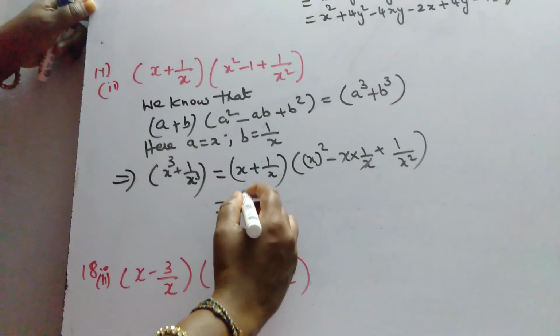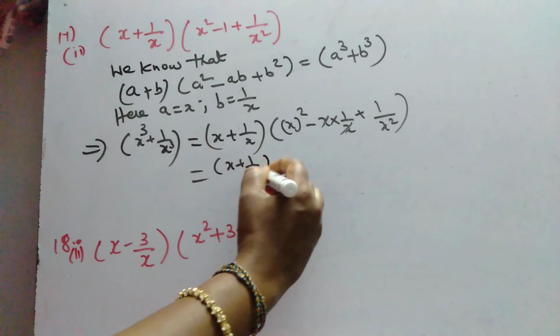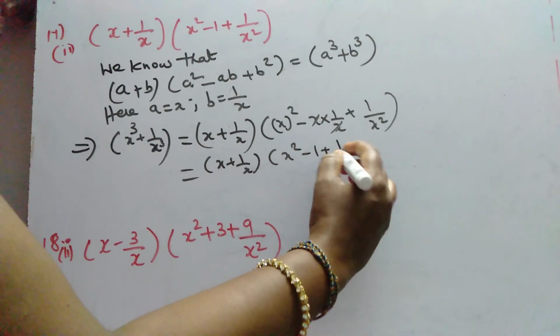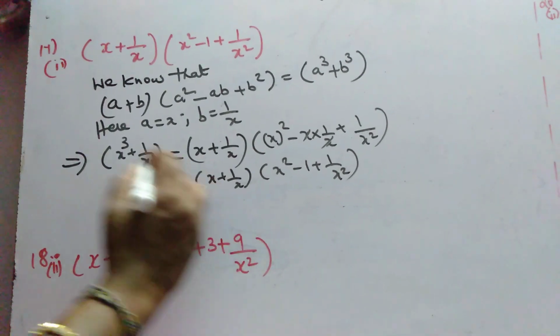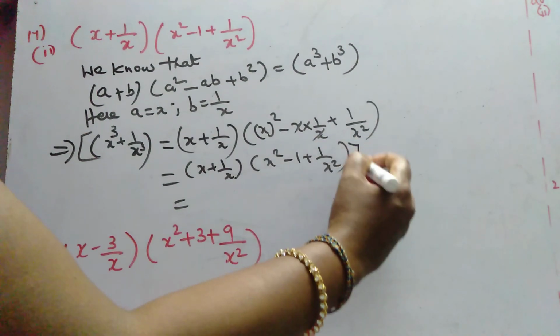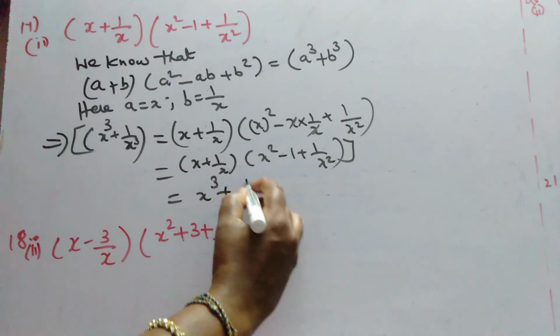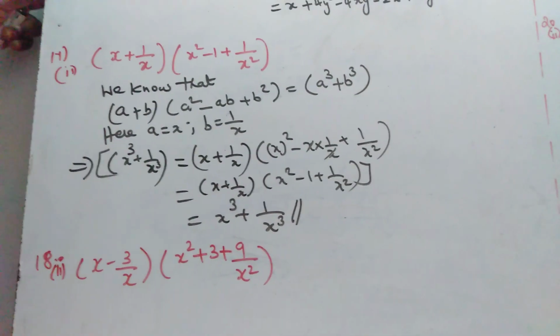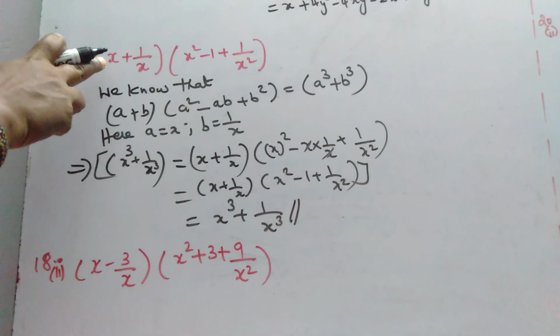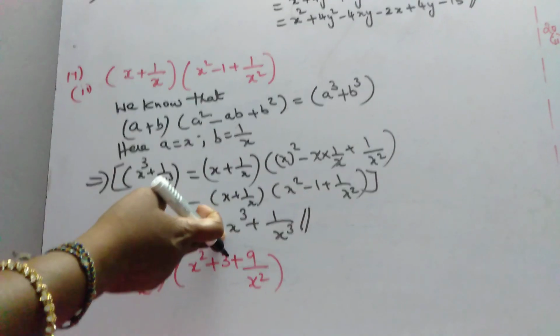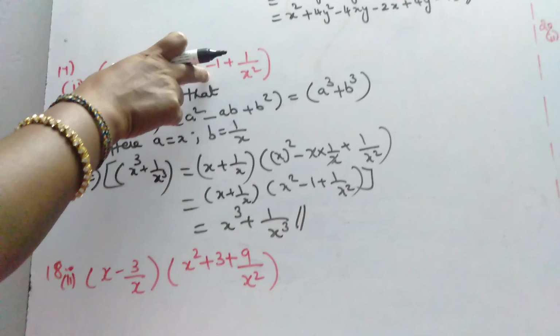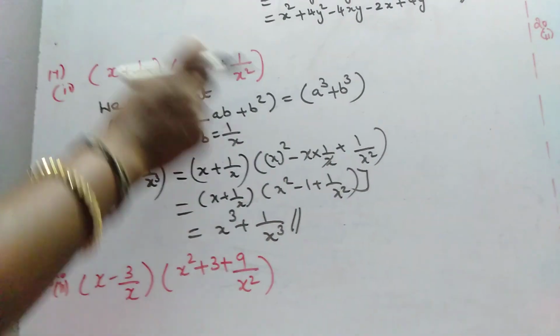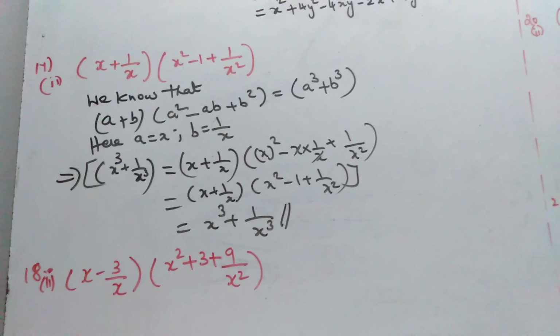So which is equal to (x + 1/x)(x² - 1 + 1/x²). So this is the expansion of x³ + 1/x³, which is the short form of this expansion. As I have already told you, we want to memorize both LHS and RHS of the identity. Sometimes the expansion form, we want to find the short form of this. Okay?